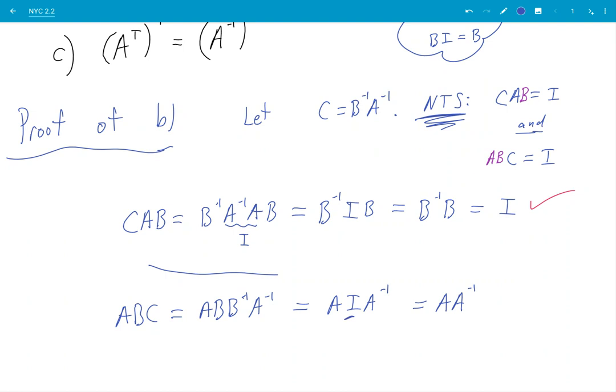Okay, so again, I in the land of matrices behaves much like the number 1 when it comes to multiplication. Et voila. And that is what I get.